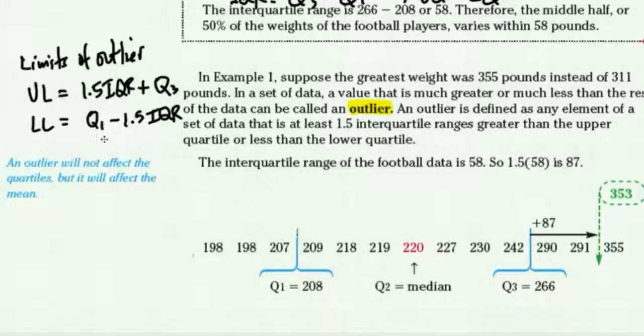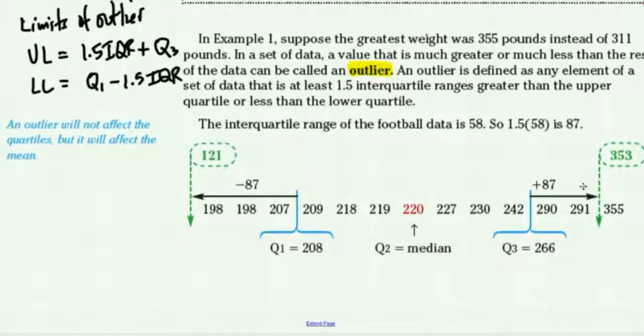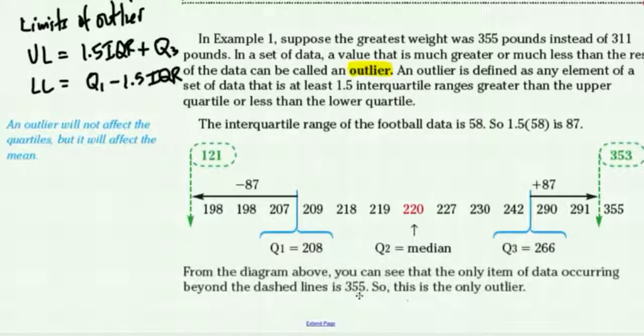To find our lower limit, Q1 minus 1.5 IQR, or Q1 minus 87, we subtract 87, and this becomes our lower limit. Anything beyond 353 is an outlier, and anything beyond 121 is an outlier as well. If you look at our graph, we have one piece of data that is beyond 353. That means there is an outlier.